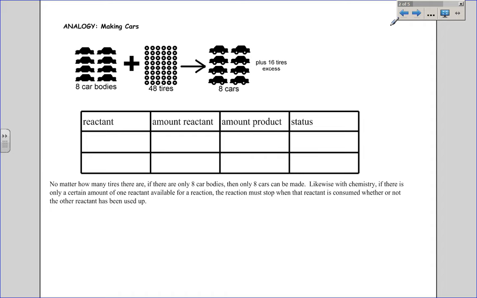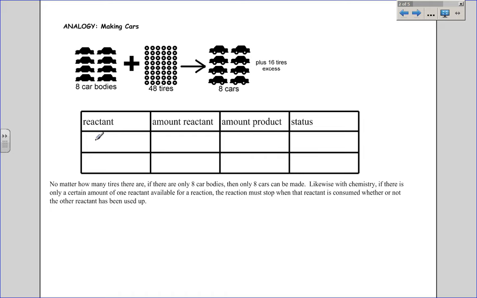So what we're going to do is use this particular analogy to help us learn how to set up and use a chart, which we will apply in our chemistry examples. The headings of the chart are reactant, amount of product, and status.